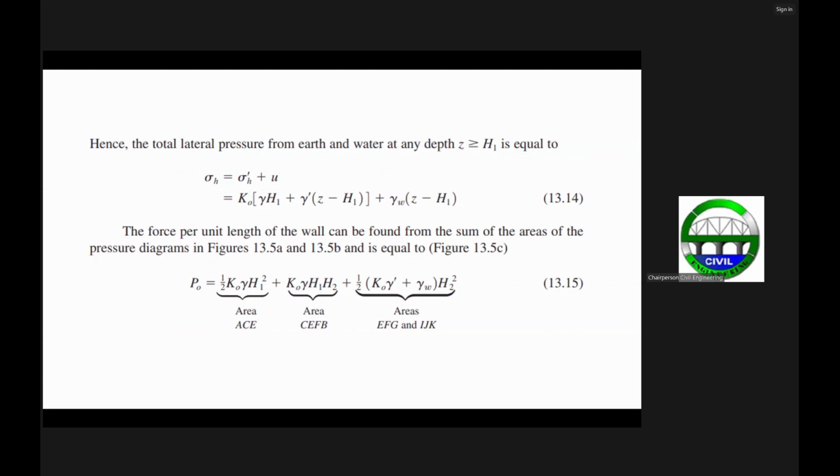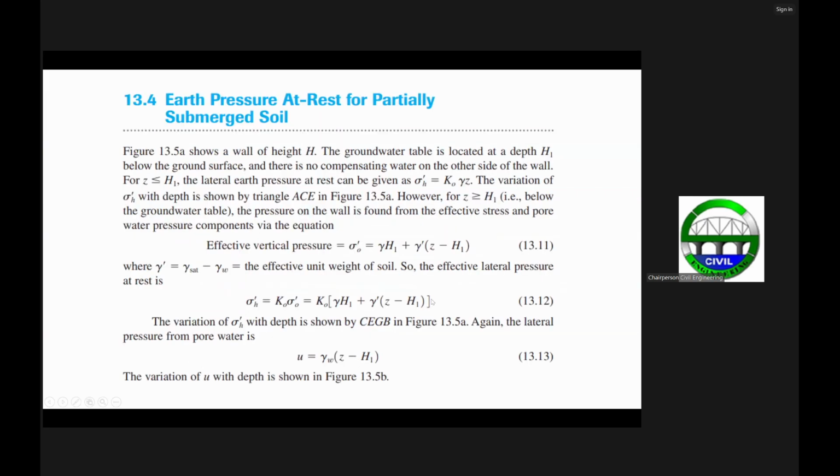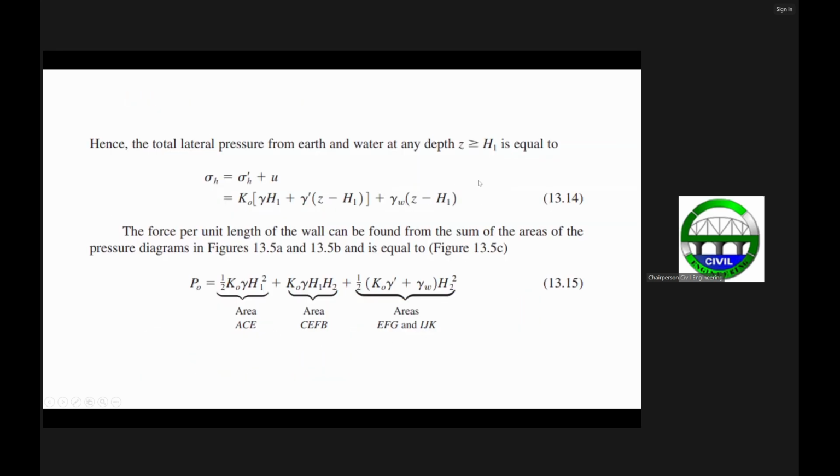The horizontal effective stress can be given by this one, which we have just derived, and then plus the pore water pressure given by this one. So we just add that here.